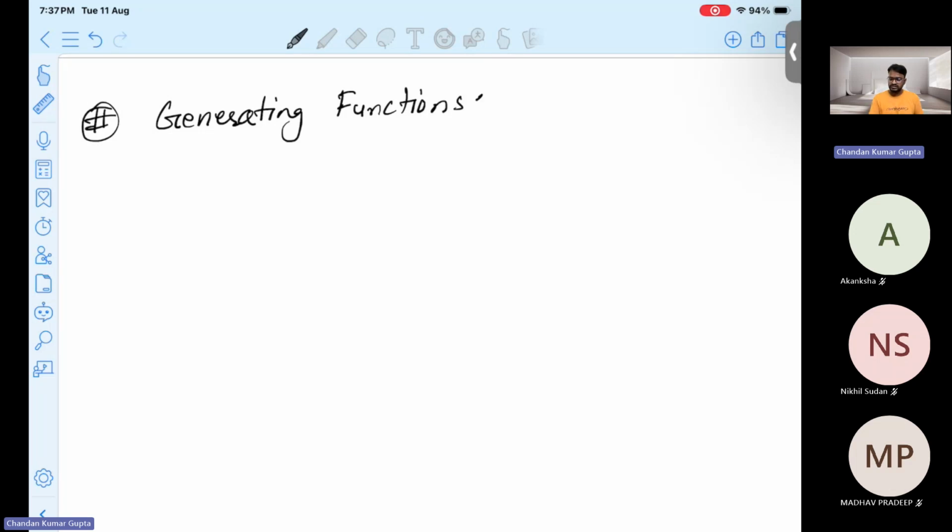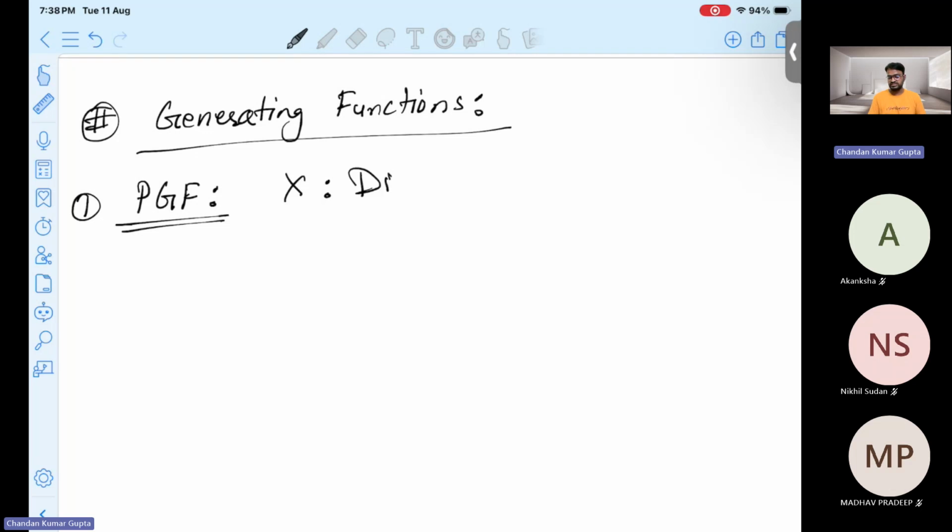Now the generating functions, we have three generating functions. Let me write the formula only. The first one is the probability generating function, that is PGF. Here x is our non-negative integer valued random variable, that is discrete.